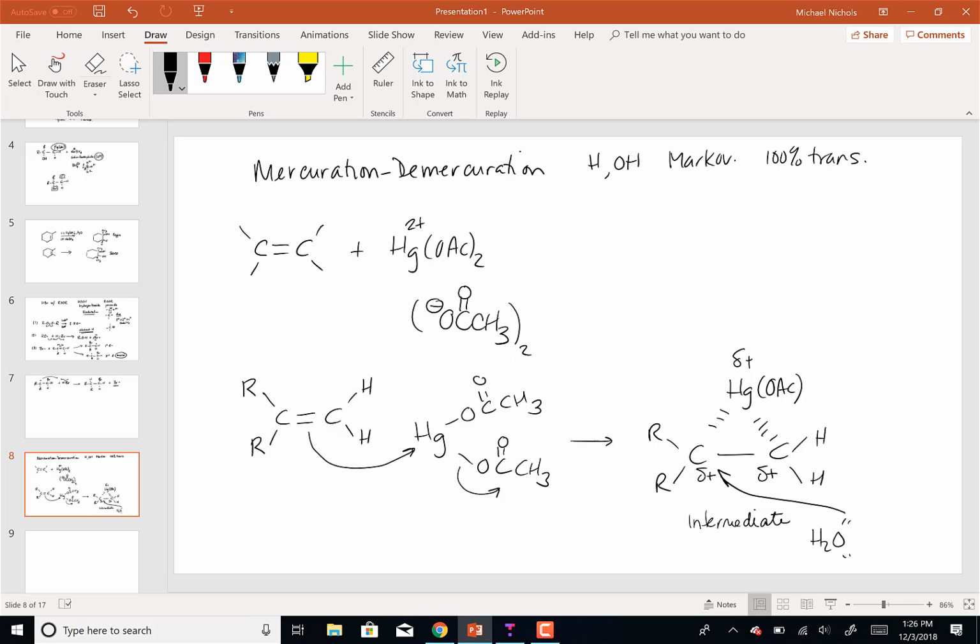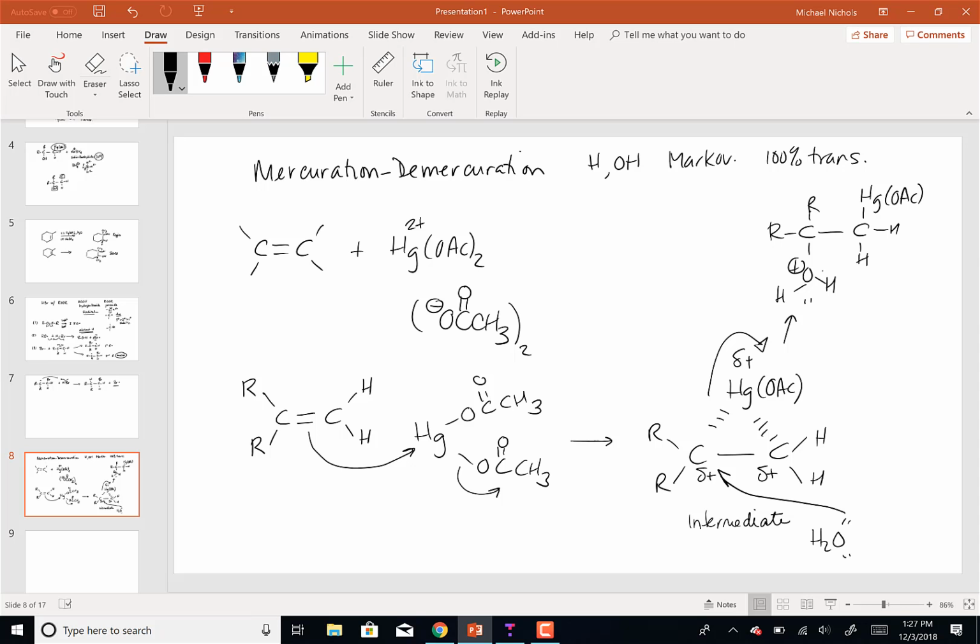So, all right. The water's going to add to the carbon on the left, and then the mercury is going to slide over, just like the bromonium ion. And so then we're going to have an oxonium ion that added trans to the mercury and added to the most substituted carbon.